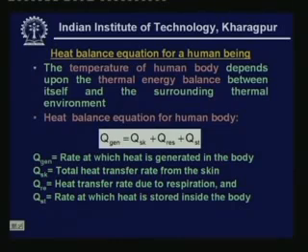That should be equal to Q_sk. Q_sk is nothing but total heat transfer rate from the skin, plus Q_res, which stands for heat transfer rate due to respiration, plus Q_st. Q_st, as you can see, stands for the rate at which heat is stored inside the body. That means this is a very simple energy balance equation. The rate at which heat is generated inside the human body should either be rejected or it is stored. Because it has to be conserved, right?